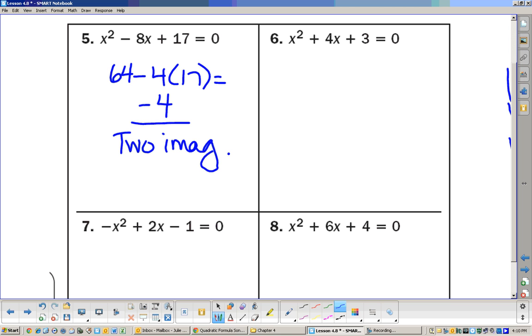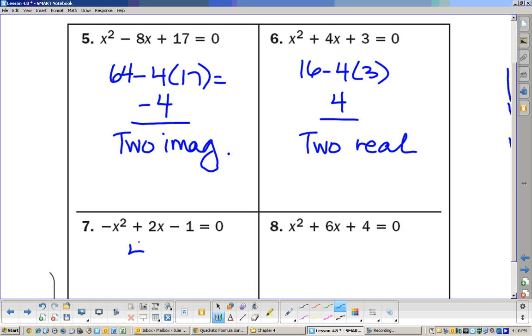Okay, the next one, b squared is 16 minus 4 times 3 times 1. So 16 minus 12, the discriminant is 4. So I'm going to get 2 real solutions. In this one, b squared is 4 minus 4 times a times c is going to give me a positive 1. 4 minus 4, the discriminant equals 0.